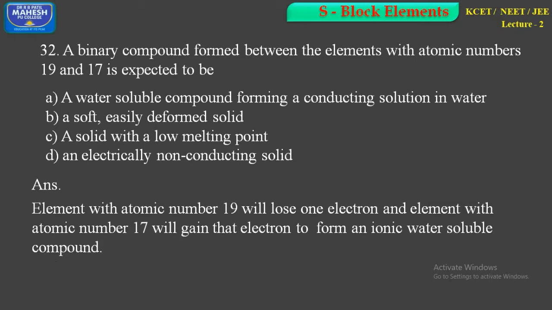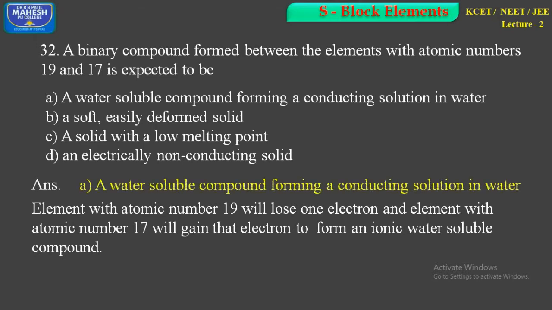This potassium chloride is water soluble, and when dissolved in water it can conduct electric current. So students, option A is the right answer. A water soluble compound is formed and it is a conducting solution in water.